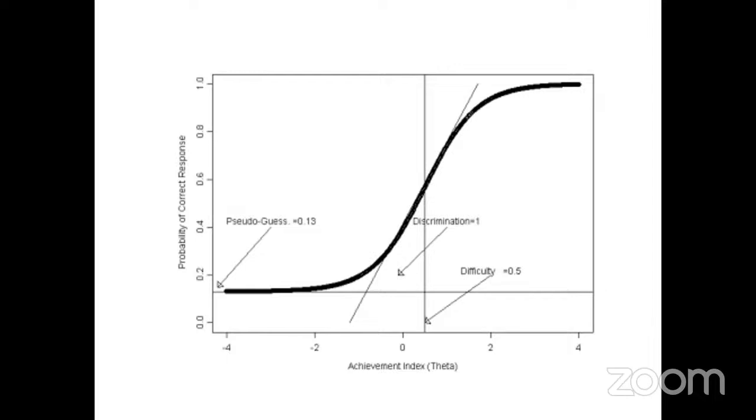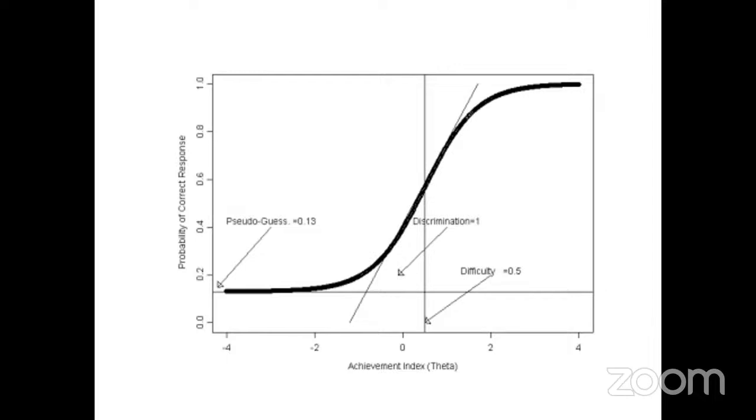Now, by looking at this S-shaped curve, we can try to understand the different parameters of the item. For dichotomous items, we have three different parameters: the difficulty level, the discrimination level, and the guessing parameter.